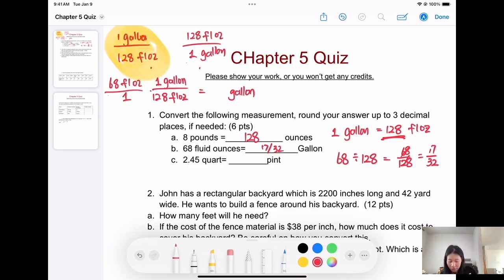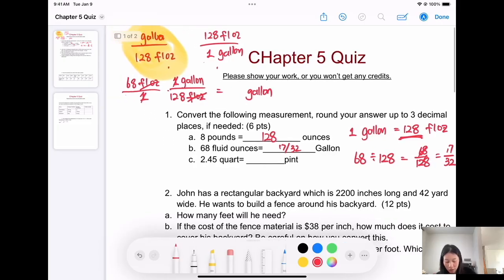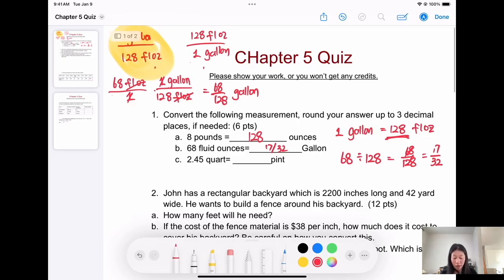Now, let's take a look. Fluid ounces and fluid ounces cross cancel. Now 1 and 1 cross cancel, right? Now what we have is gallon, that's our goal. And now we also have 68 over 128. As you can see, these two methods end up being the same.